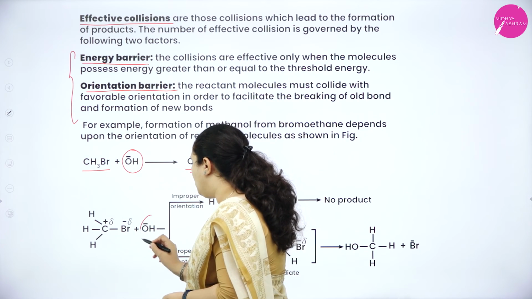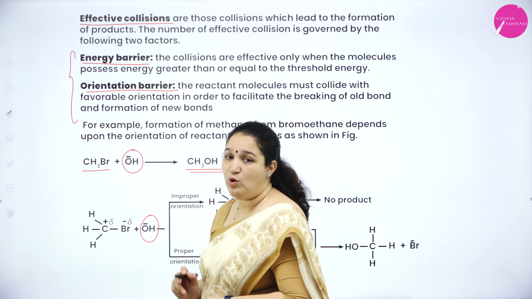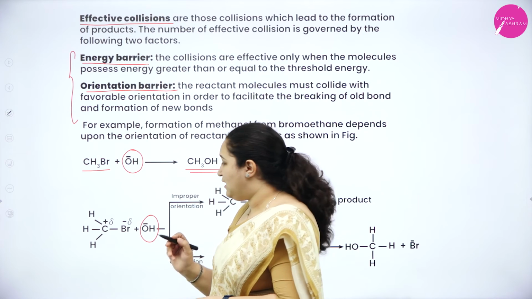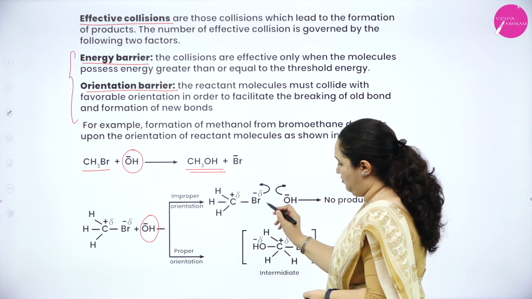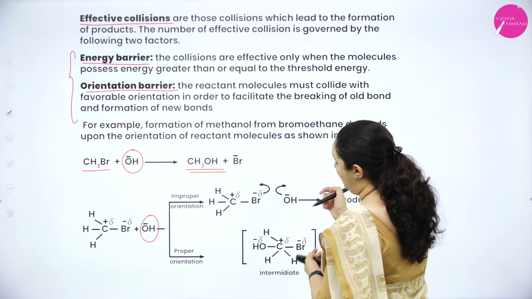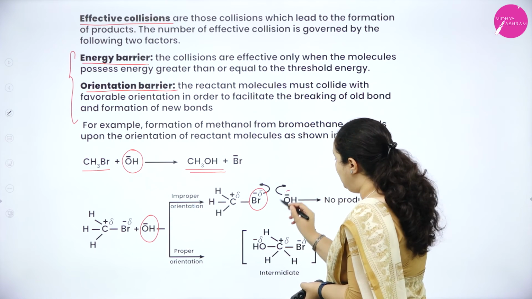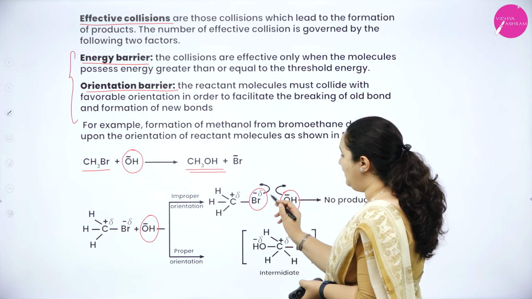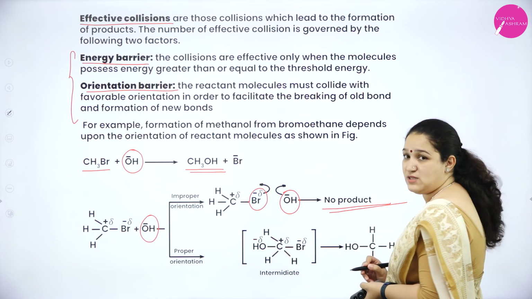Now, when the nucleophile comes and attacks this bromoethane, if it comes from the direction where bromine is present, this is partially negatively charged, and the OH minus is negatively charged too, so they will repel one another and we will not get the products.